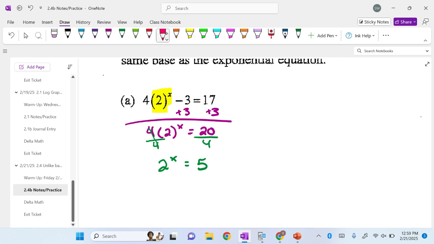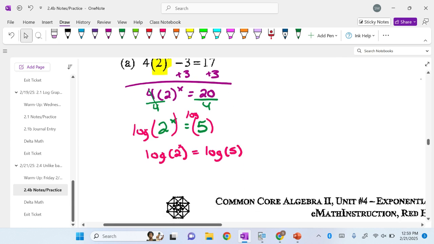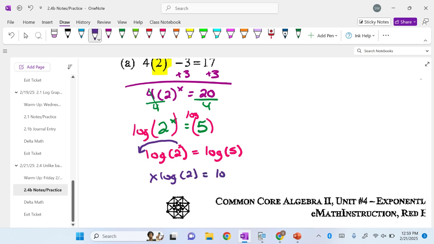Now I can do business as usual. Take the log of both sides. So I get log of 2 to the x equals log of 5. Bring the x to the front. This is x log of 2 is equal to log of 5.